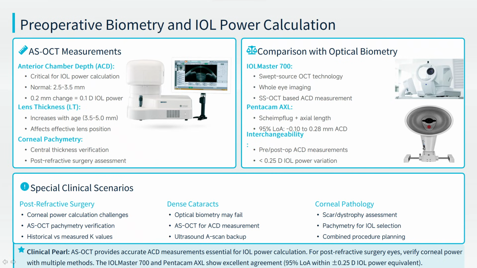All these need precise measurement tools, which is done objectively by this swept source OCT, integrated along with the Pentacam, as in the Pentacam AXL, or in the IOL Master 700.